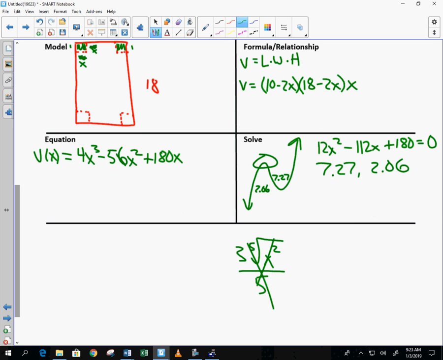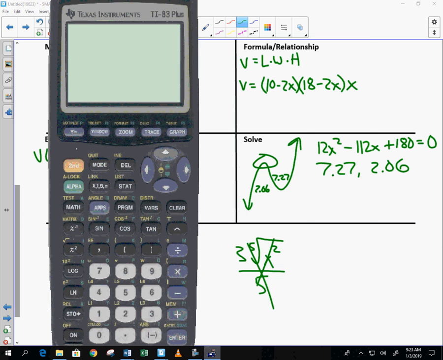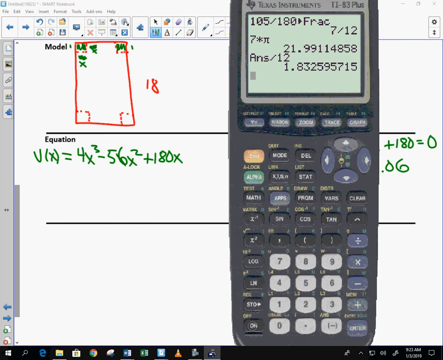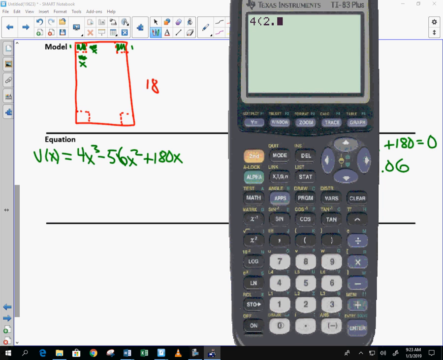So take my 2.06. I got 4 times parentheses 2.06 cubed minus 56 times 2.06 squared plus 180 times 2.06, 168.13.